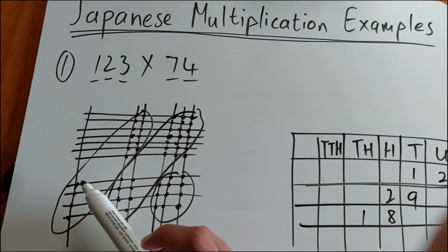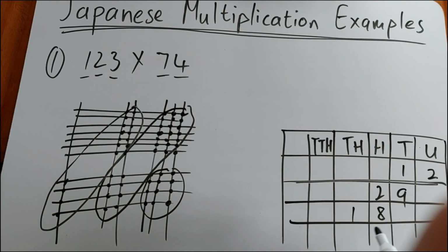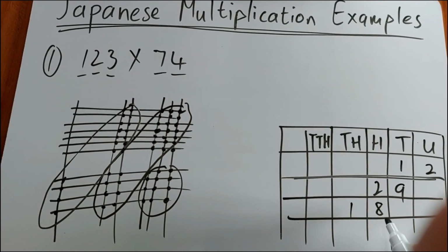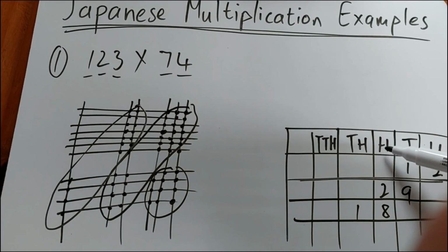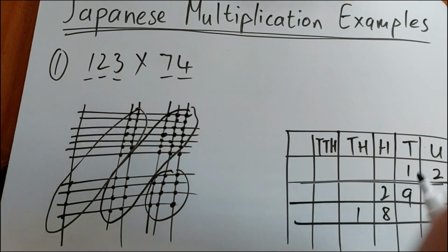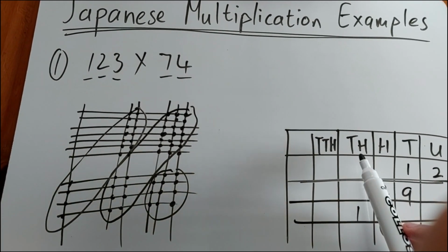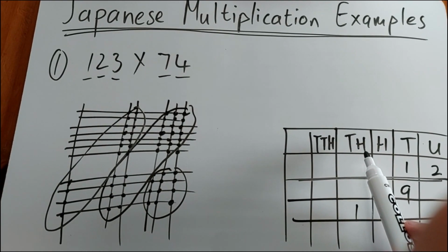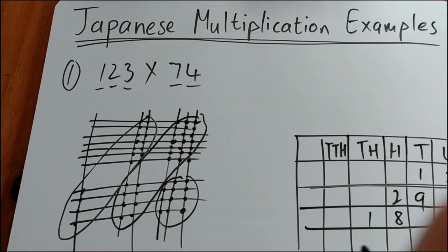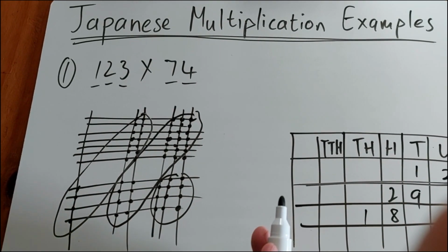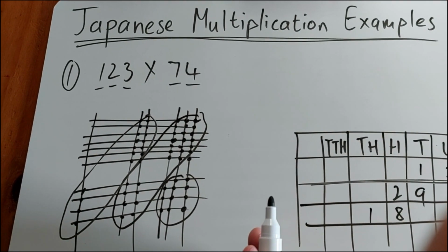And then the second diagonal, we calculated 18 cross sections. So we write our 18 under the hundreds column, and then we carry our 1 to the thousands. So for each group of cross sections, we move to the next column.